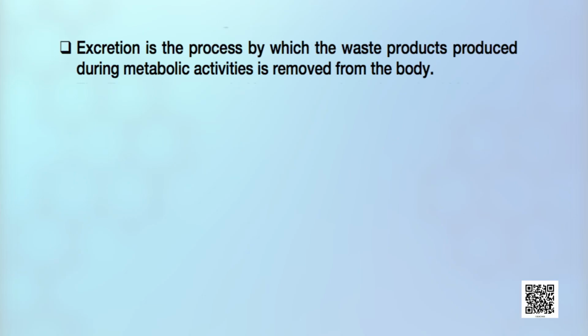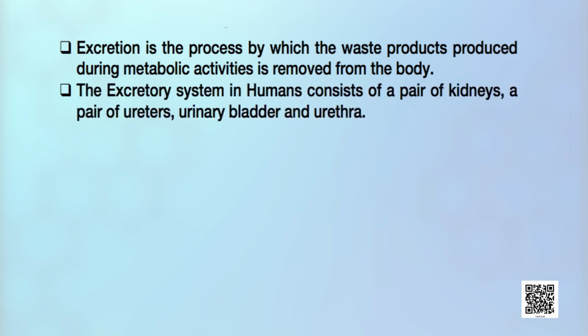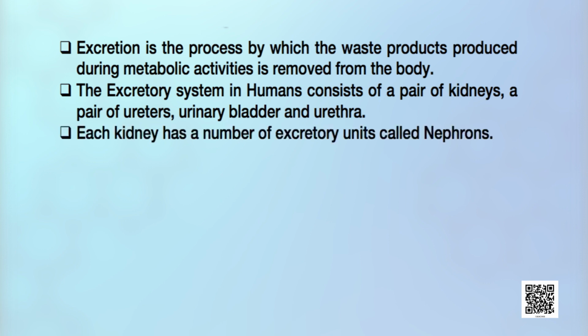Let us now have a quick recap of what we have discussed in this session. We have learned that excretion is a process by which the waste products produced during metabolic activities are removed from the body. The excretory system in humans consists of a pair of kidneys, a pair of ureters, urinary bladder and urethra. Each kidney has a number of excretory units called nephrons.